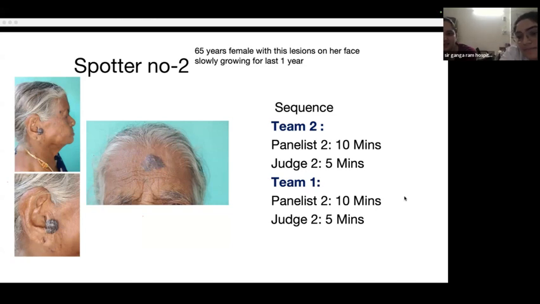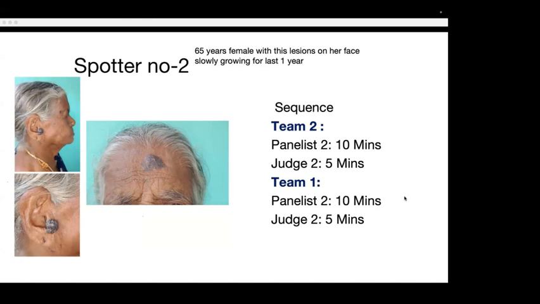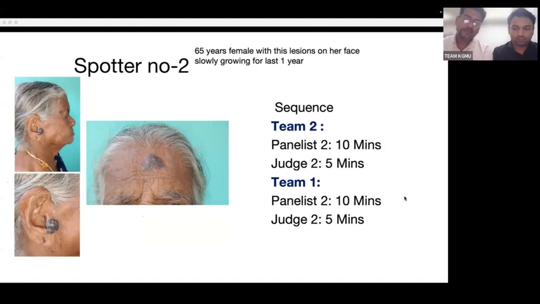Next, team 1, can you answer? Sir, the basic types of basal cell carcinoma are superficial spreading, nodular type, morphiform, and what is the other name for morphiform? Morphiform is invasive basal cell carcinoma.